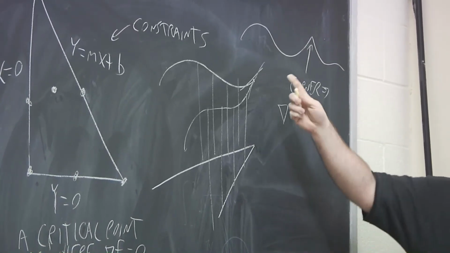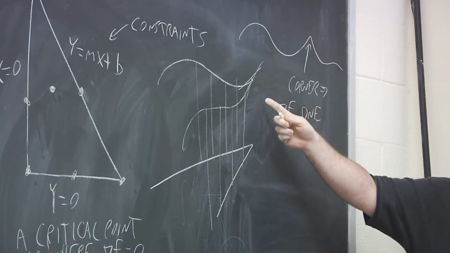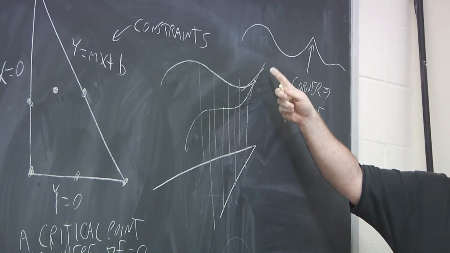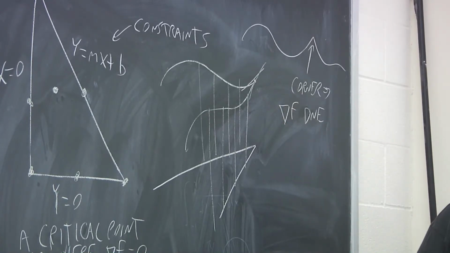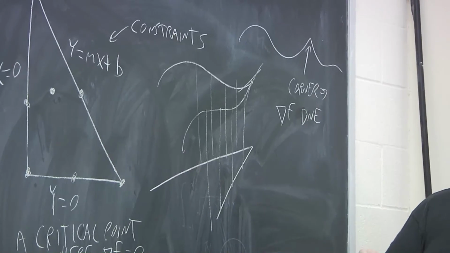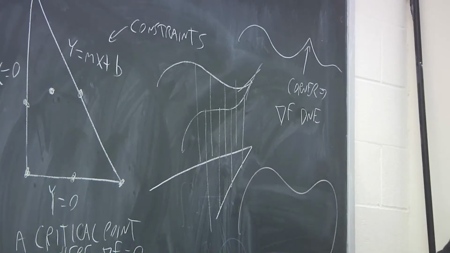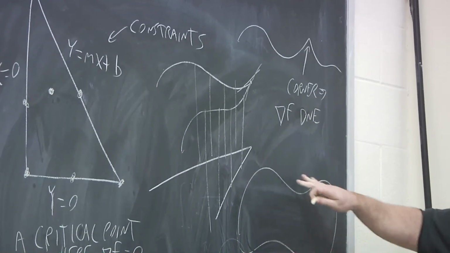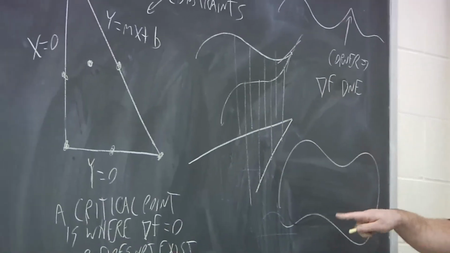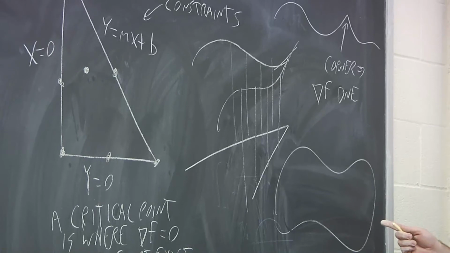Now, you don't really know if this is what's happening. You don't really know if it's a corner unless you carefully study how the derivative, or the gradient, is behaving at this point. But just to be on the safe side, you might as well include all of the vertices if you have any. So if you have a set that has a nice smooth boundary, no corners, then you can just look for wherever the gradient equals 0 anywhere along this curve.